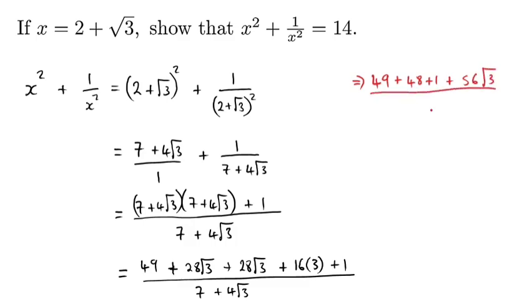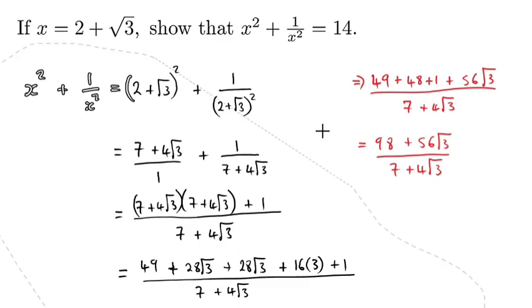All this is over 7 plus 4 root 3. Okay, so this is equal to 49 plus 48 plus 1, which would give us 98, plus 56 root 3 divided by 7 plus 4 root 3. So this is where we are.